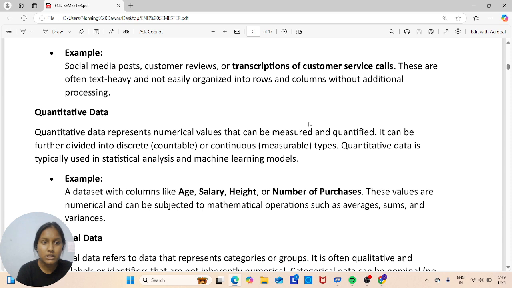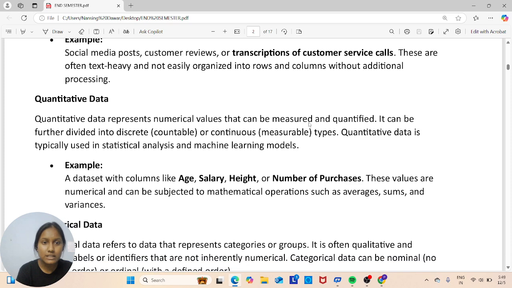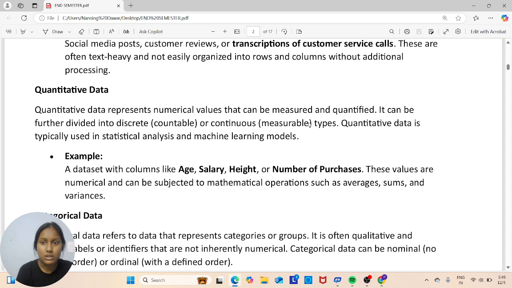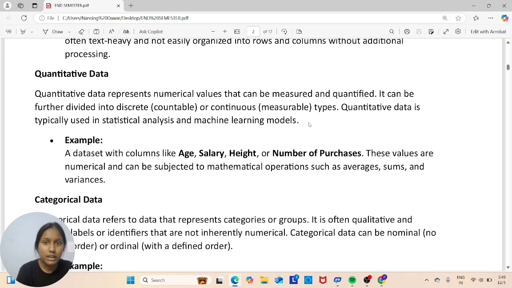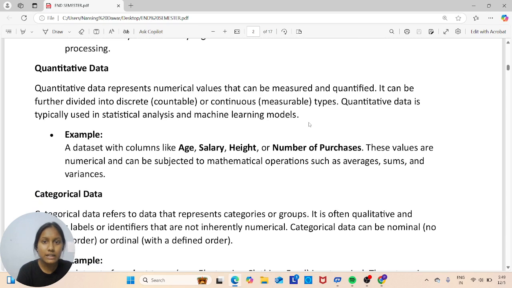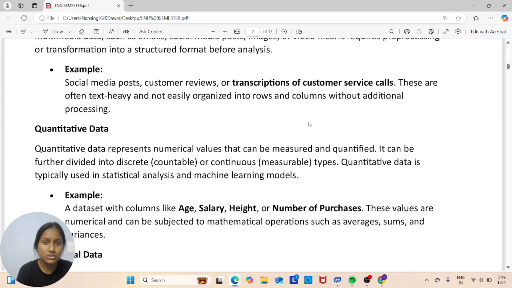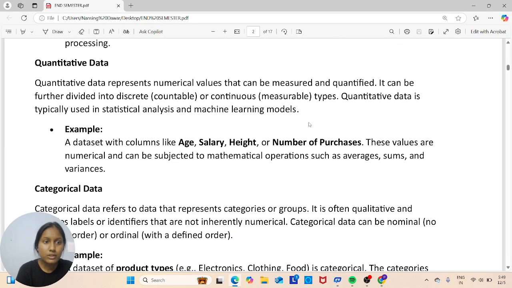Example, social media posts, customer reviews, or transcriptions of customer service calls. These are often text heavy and not easily organized into rows and columns without additional processing. And we can also see emails as an example of unstructured data.